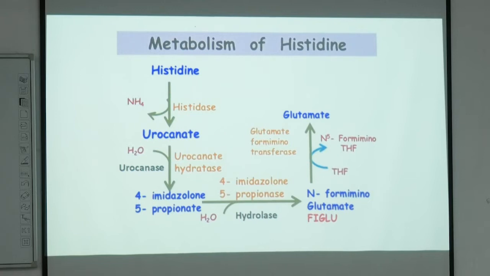From urocanate, through this pathway, it is converted to FIGLU, formiminoglutamate. When tetrahydrofolate is present, this FIGLU forms glutamate. But when tetrahydrofolate is not present, we can find a huge amount of FIGLU in the urine. So this is the way we can determine whether tetrahydrofolate is present or absent with the histidine load test.